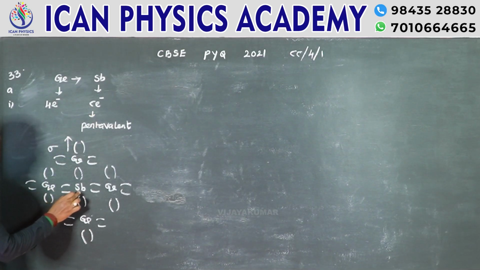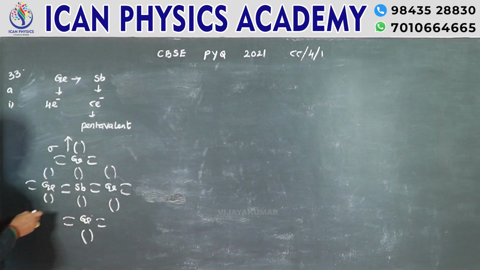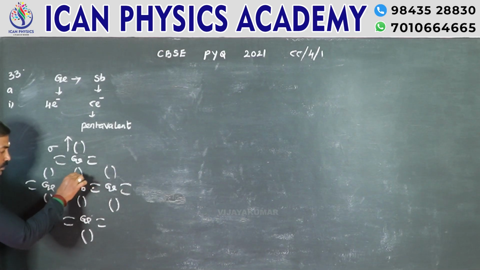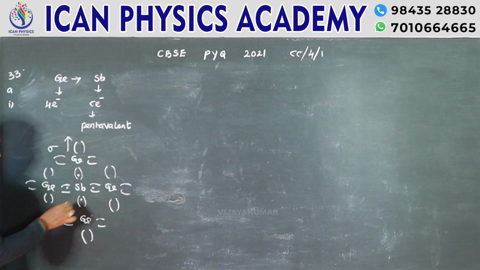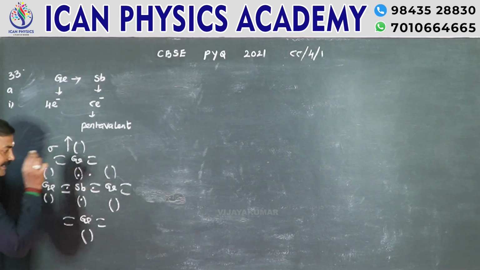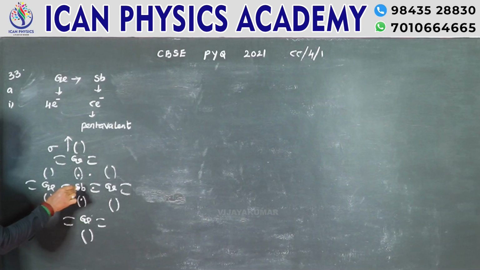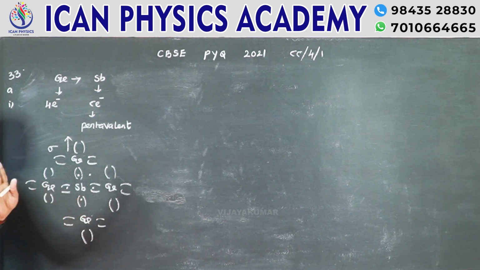So this antimony is ready to share electrons with the neighboring germanium. 1, 2, 3, 4, and now we have 1 excess. So antimony has 5 valence electrons: 1, 2, 3, 4, and the excess of 1 electron. Germanium has 4, and it is ready to share with the neighboring atoms.